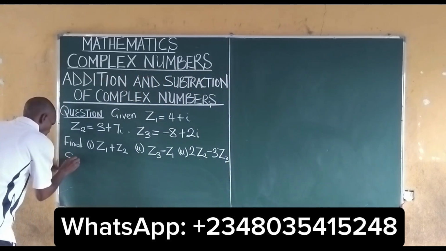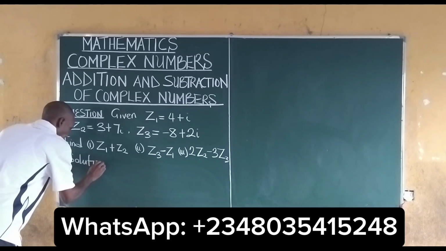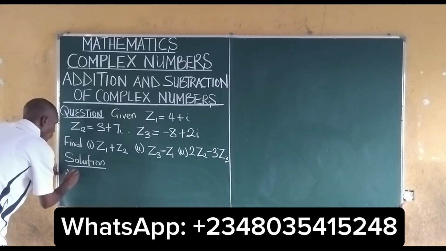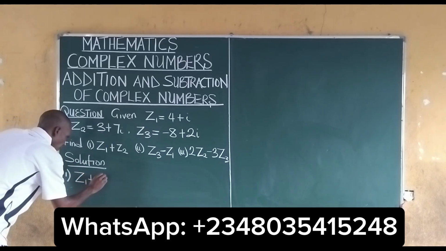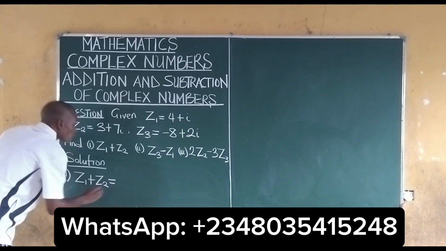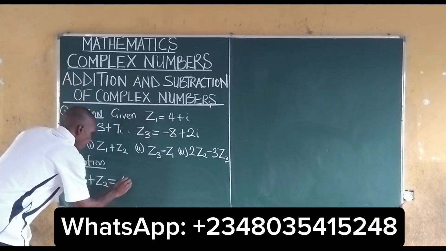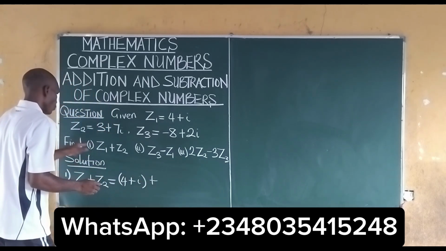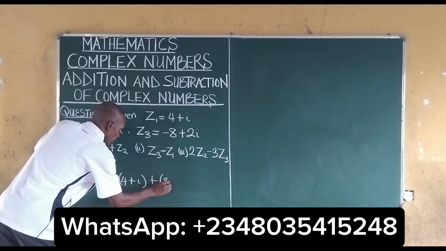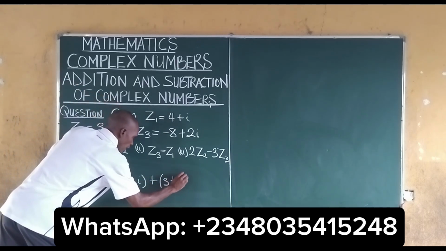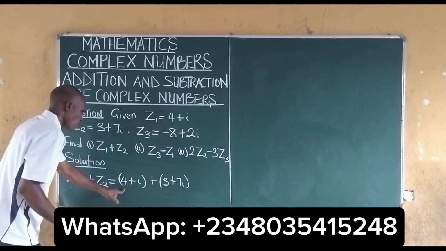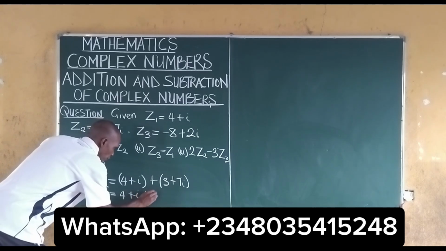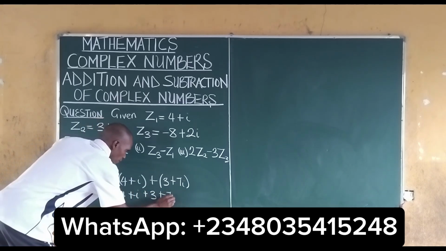Solution. The first here is number 1. We are asked to find the addition of Z1 plus Z2, which is Z1, we have 4 plus I, plus Z2, we have 3 plus 7I. If we open the bracket, we have 4 plus I plus 3 plus 7I.